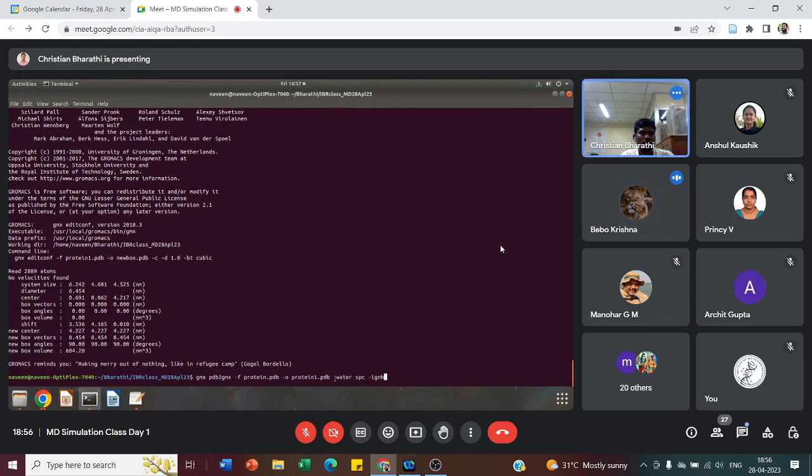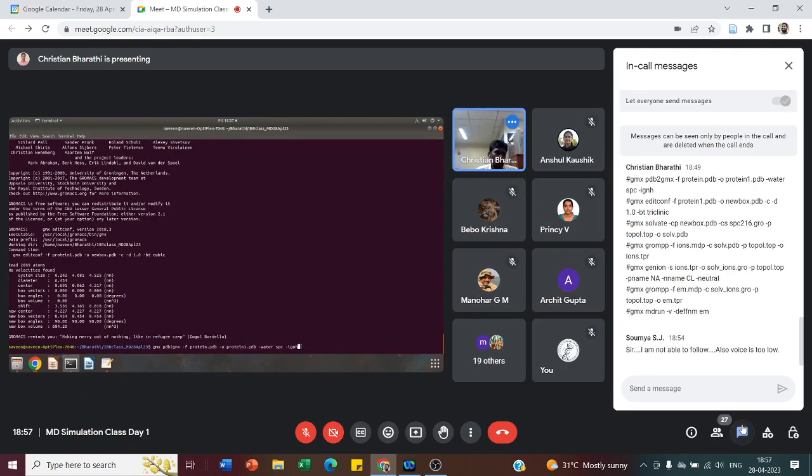Here I am defining that I am going to use the SPC water molecule for the dynamics, but it won't add water here. Another step adds the water molecule, I think the third step. In the third step we add water molecules, and here it won't consider hydrogens in the first step. So we are ignoring hydrogen for the process of the first step.